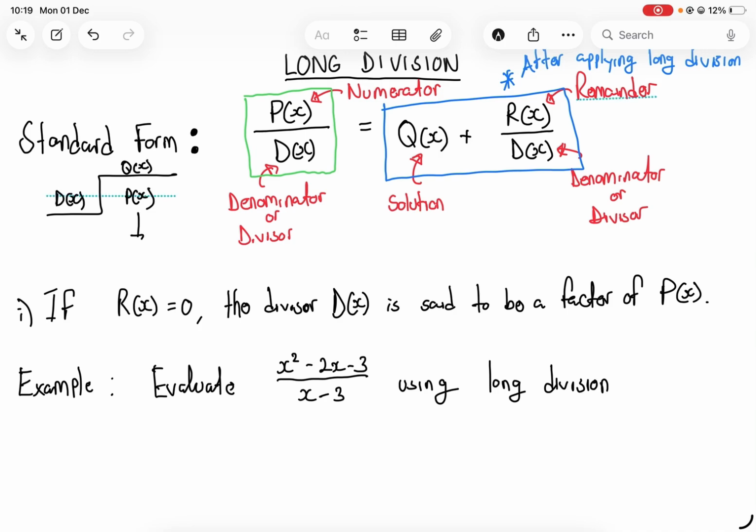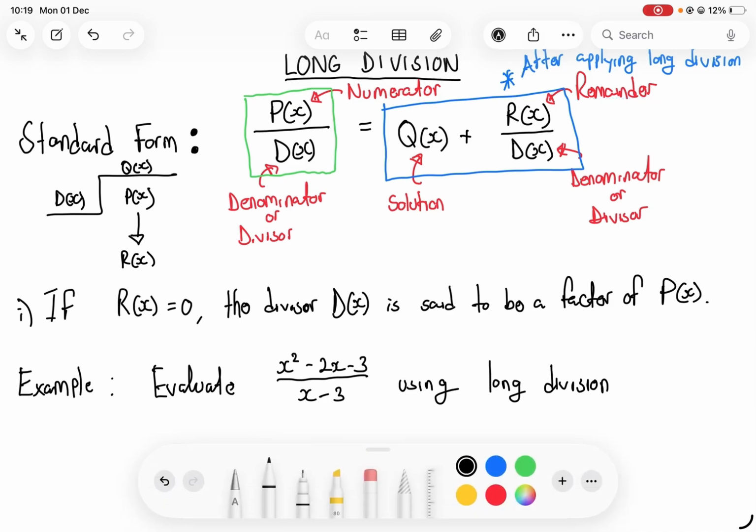Then as you proceed solving using the long division, you're going to get r of x. So this is the format we're going to be using or dealing with, okay, which we'll see just now.